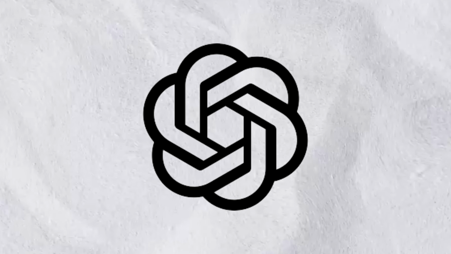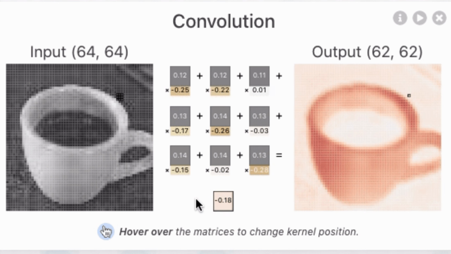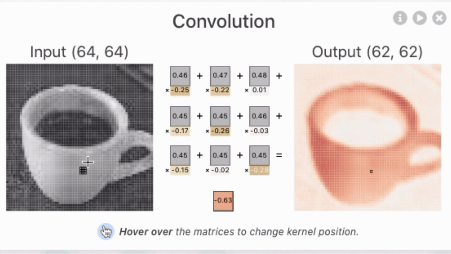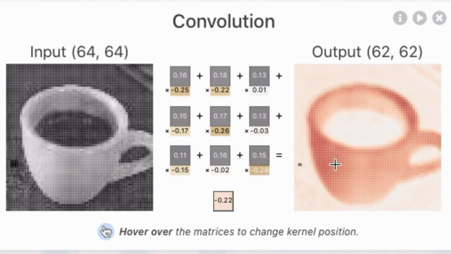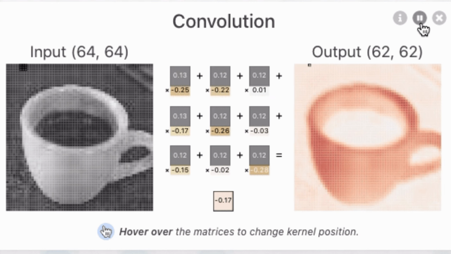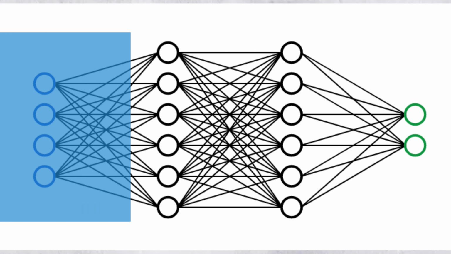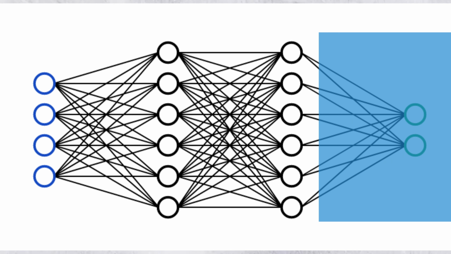For example, ChatGPT performs billions of math operations to make a text. It needs billions of parameters. Parameters are like the connections, the layers. There are hidden layers, there are input layers, and there are output layers.